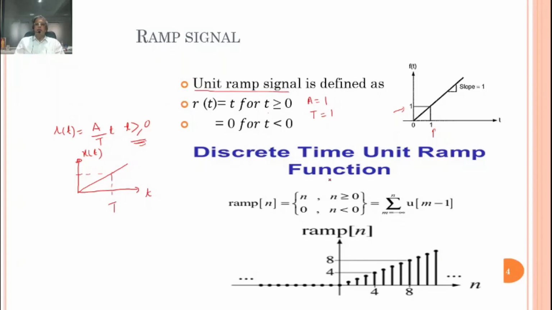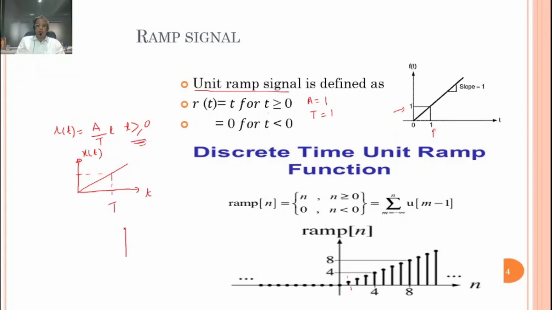Then the discrete time unit ramp function or signal is denoted like this: r(n) equals n for n greater than or equal to 0, and this is 0 for n less than 0, meaning for negative values of n. For 0 this value is 0, for 1 this value is 1, for 2 it is 2, then 3, 4, 5 like this. This signal is called the ramp signal, and the ramp signal is obtained by integrating the unit step signal.